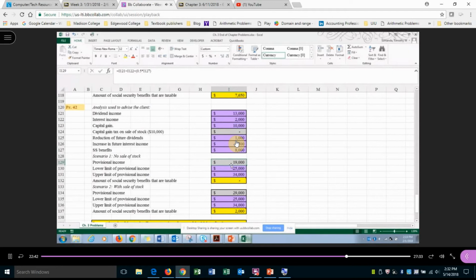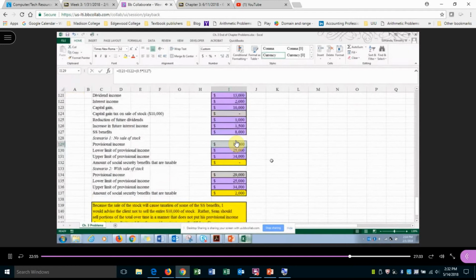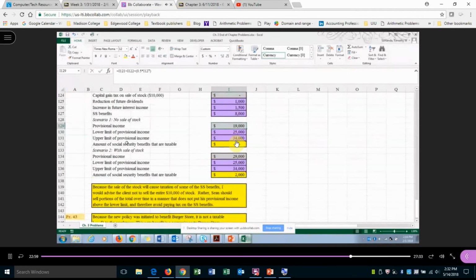And so step one is determine provisional income of $19,000, right? Which again is dividends plus interest plus half of Social Security benefits. That's an intermediary calculation I needed to make. Then the next thing I need to do, with my first scenario of not selling the stock: what will the tax situation regarding Social Security benefits look like?